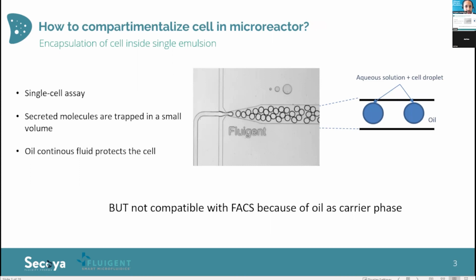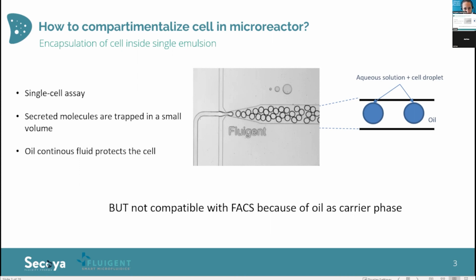By encapsulating into microreactors, you will be able to analyze the secretion of the cells, so what molecule will be secreted, and this molecule will be trapped inside this small microreactor. Using this, you will be able to have a better analysis and better discrimination when you use your FACS.